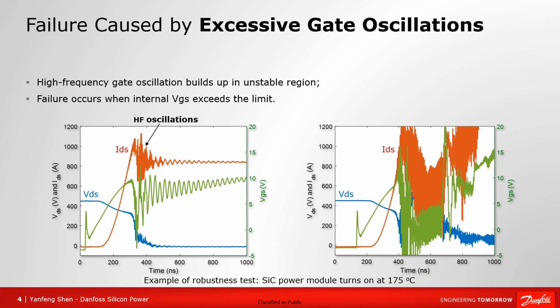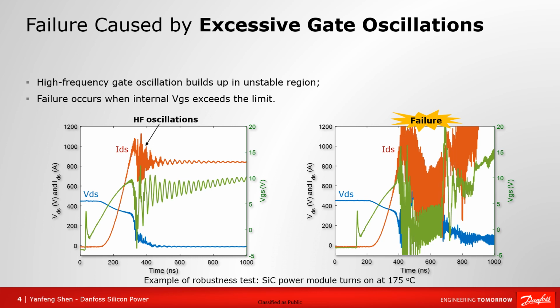It is because this silicon carbide power module is operating in an unstable region there. When we further increased the drain source current, this power module blew up as the gate voltage substantially exceeded the limit, which can be seen from the right-hand figure.